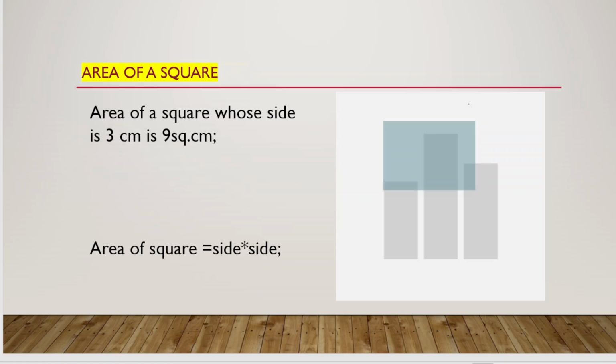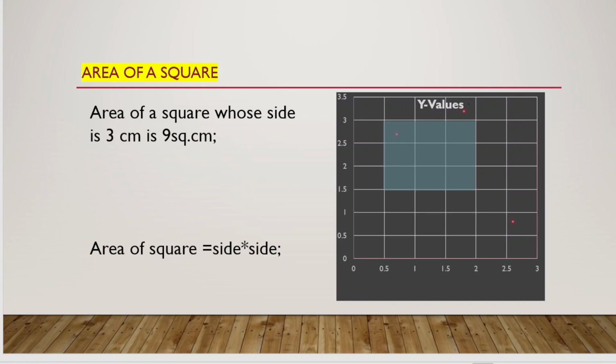And coming to the next one, to formulate the area of the square, we have placed it on the graph sheet having 3 units as its side. Here it is a 3 unit side square, and let's find out the area of this square.